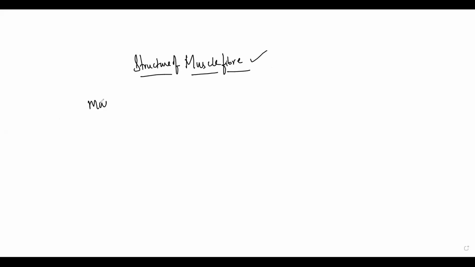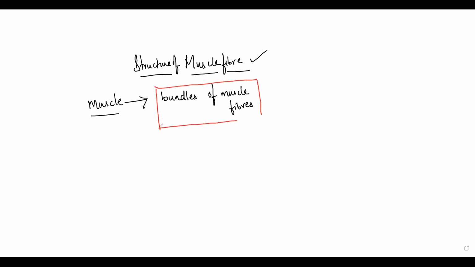If we look at a skeletal muscle, we saw that the skeletal muscle has bundles of muscle fibers. And these bundles of muscle fibers are placed together inside a structure called what? This was called fascicles, right?